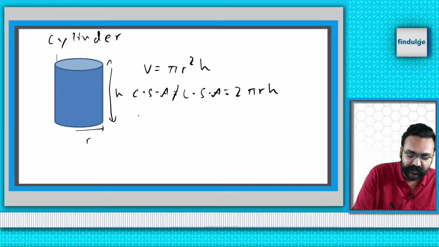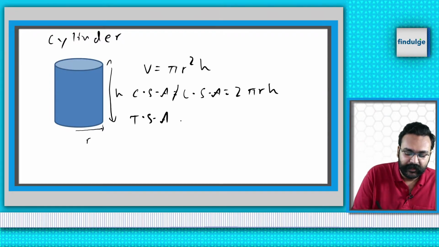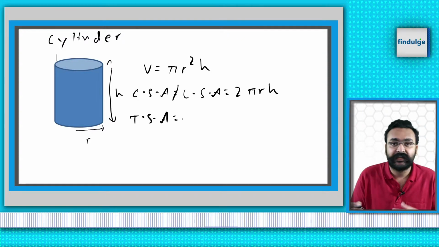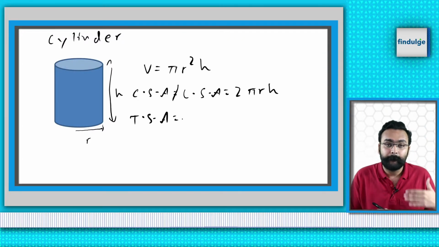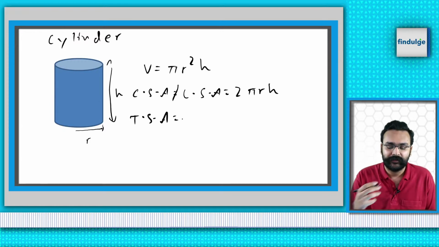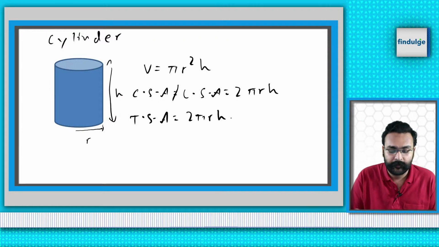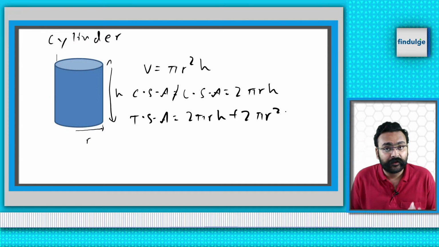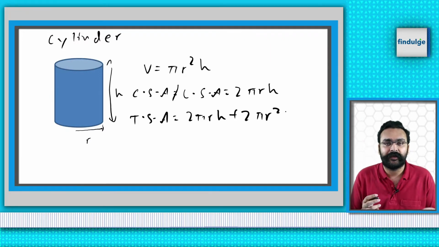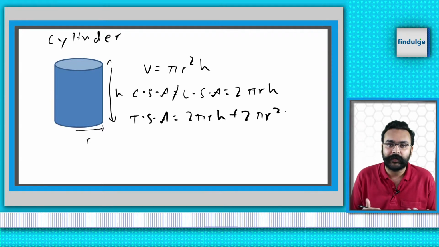The total surface area of a cylinder is normally taken as the curved surface area plus the base as well as the top, which would be 2 pi r h plus 2 pi r square, because obviously the base will be pi r square and the top will be pi r square.